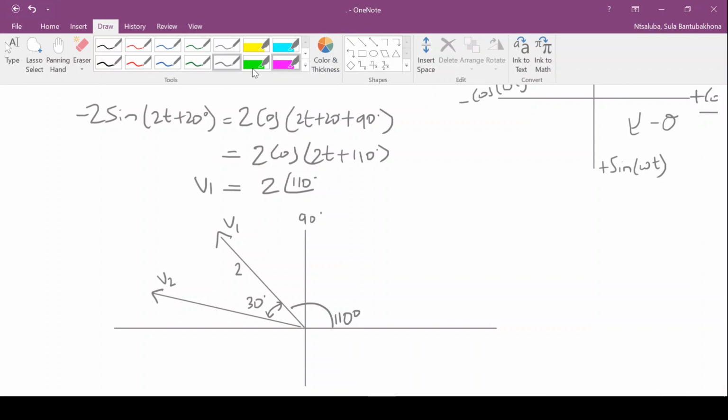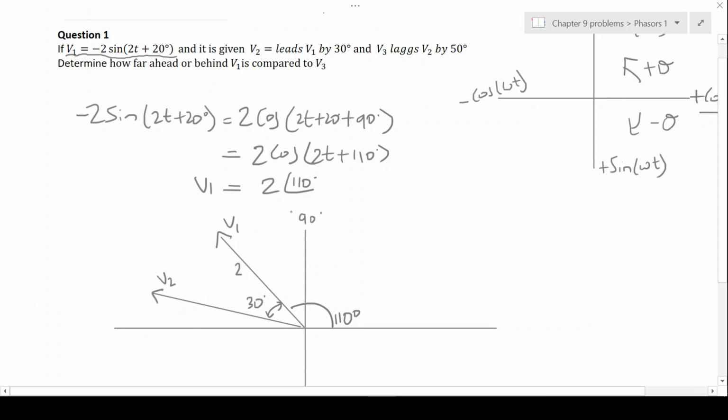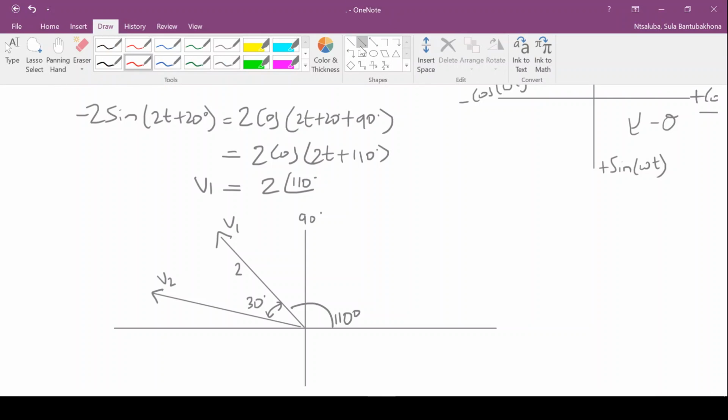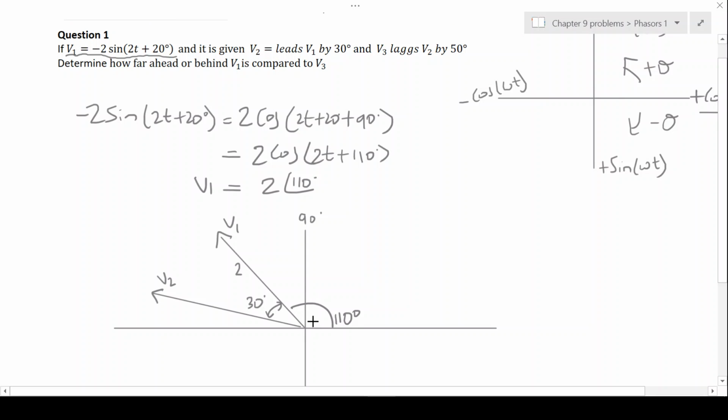Right, so let's do V3, and we'll make that 50 degrees behind. So let's put that somewhere here. And this would be V3, and the angle between V3 and V2 is 50 degrees.